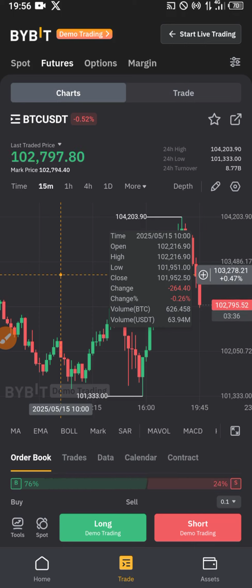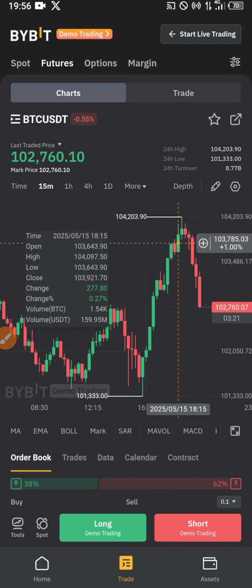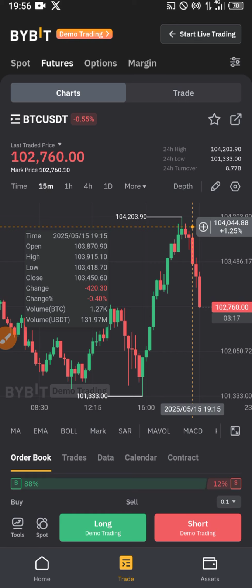Just like the example I cited earlier. If the price hits this level, then place my order. For example, you want to buy Bitcoin only when it goes above, let's say, 104.